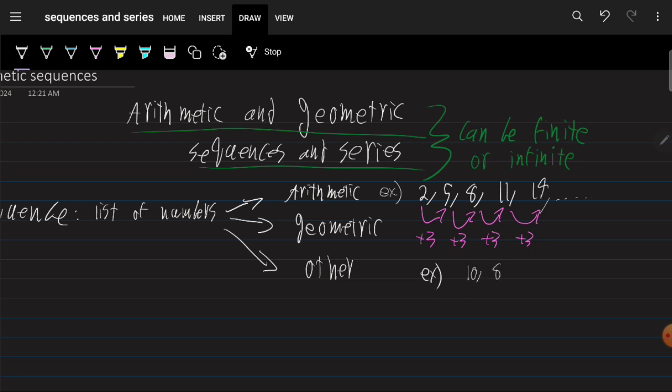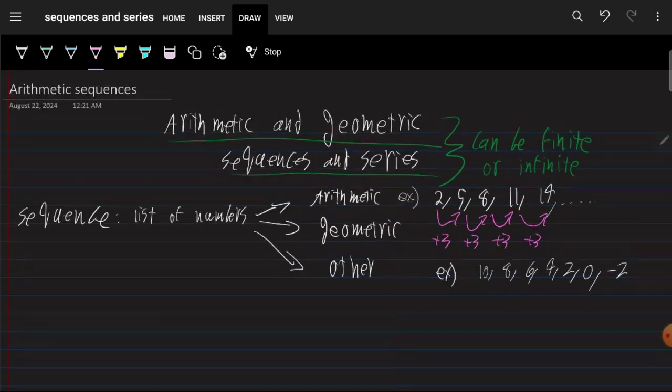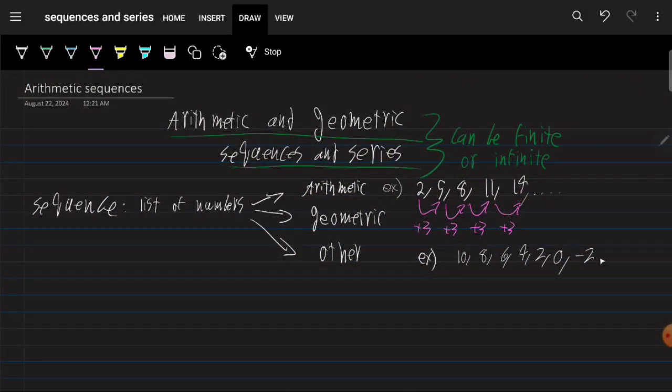We could also have an example like this where we go down by a number. So 10, 8, 6, 4, 2, 0, -2, and so on. This is also an example of an arithmetic sequence. It's a sequence because it's a list of numbers, it's finite because it ends, and it's arithmetic because every time it goes down by the same number. In this case, -2, or goes down by 2.